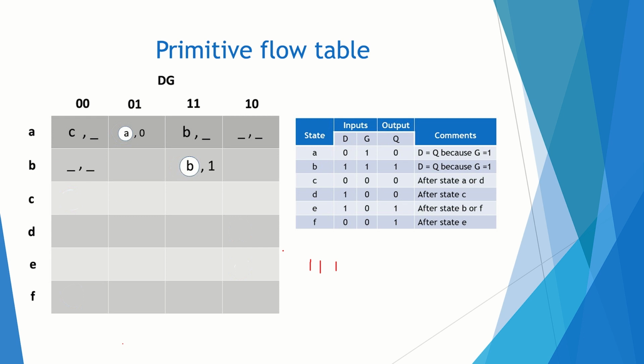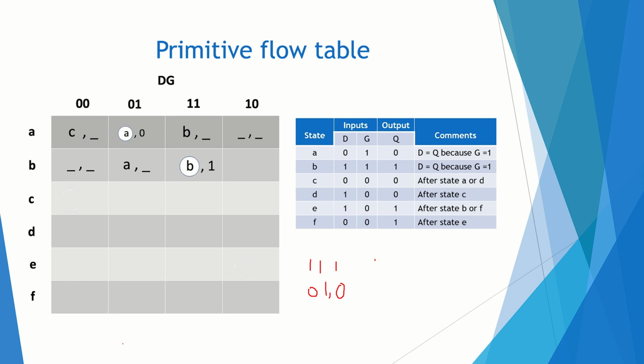Now let us see the next states. When the inputs are 1 1 and go to 0 1, when G is equal to 1, output Q is equal to D, so it is 0. That is what you have to see for the state, so it is A here. So it will go to A comma dash.